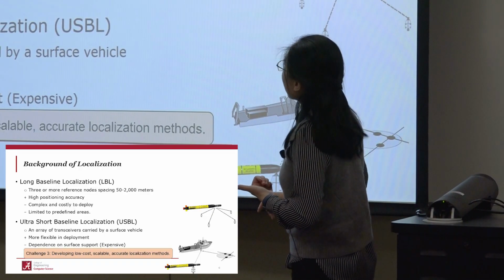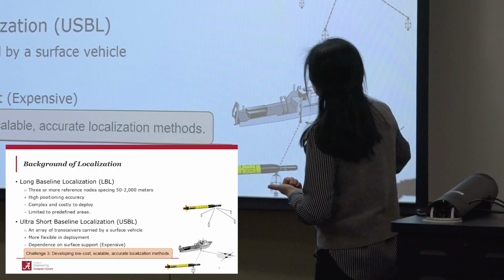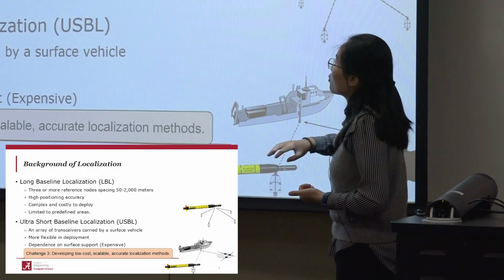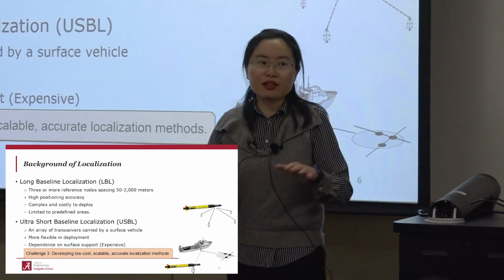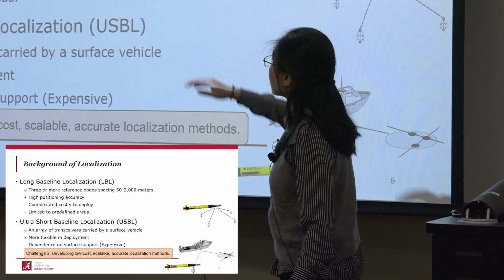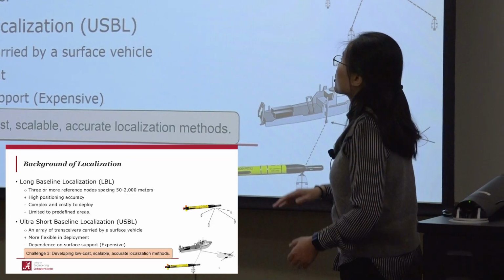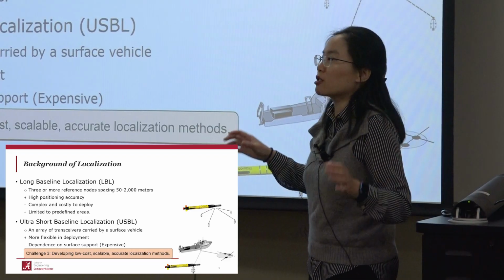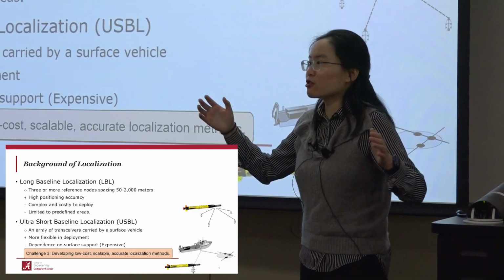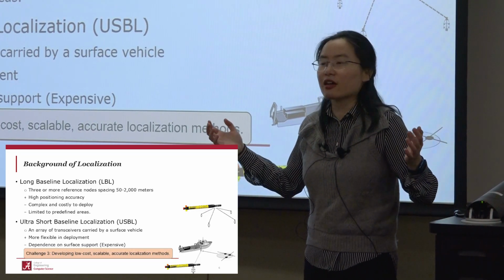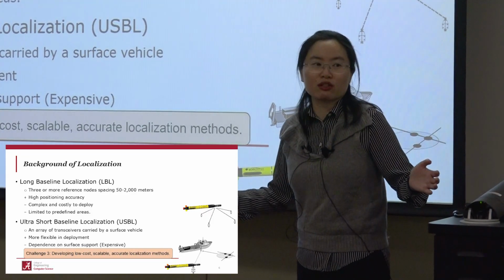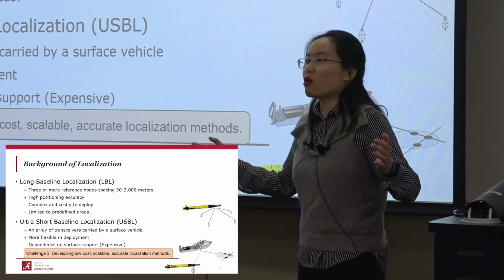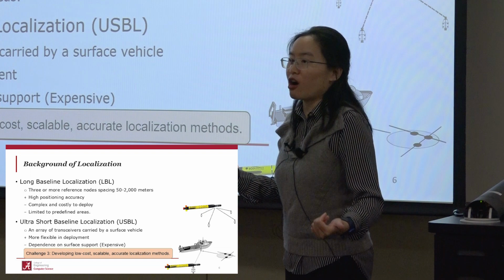It requires deploying multiple reference nodes scattered in the environment, spacing hundreds to thousands of meters apart, in order to achieve accurate localization. Basically, the larger the spacing, the higher the accuracy. But you can imagine larger spacing will increase the localization cost.